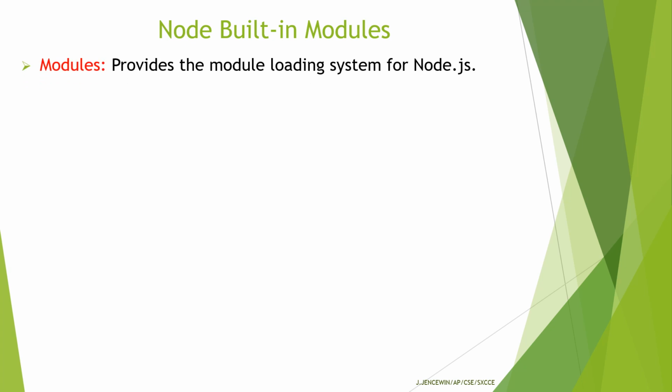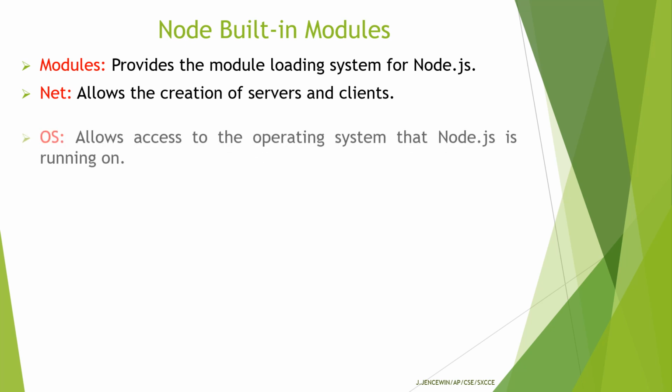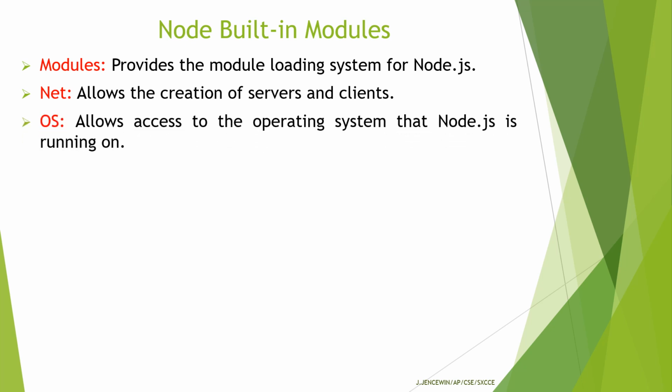Then modules, this provides the module loading system for Node.js. It mainly provides information about the current module. And net, this allows the creation of servers and clients. Using this net module, we can create our own server in Node.js, and it also provides functions to create connections to the client. Next one, operating system.